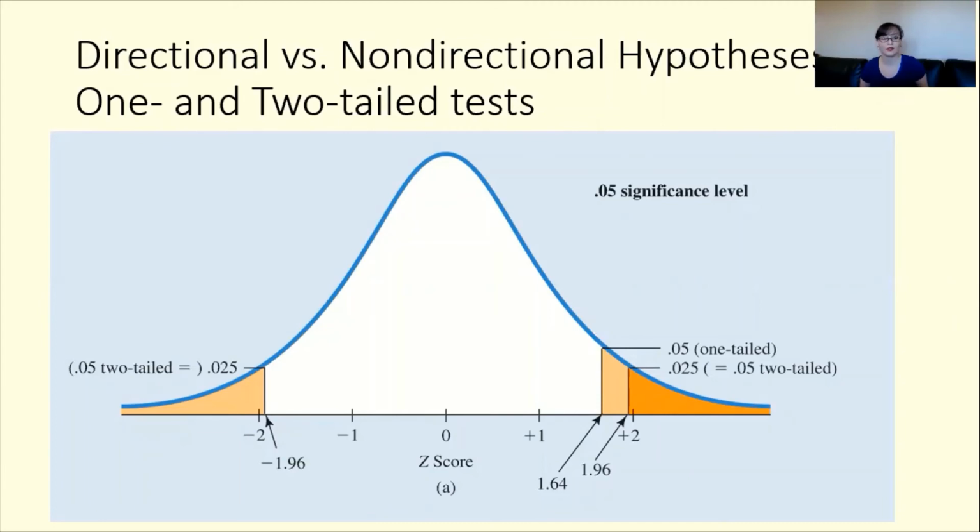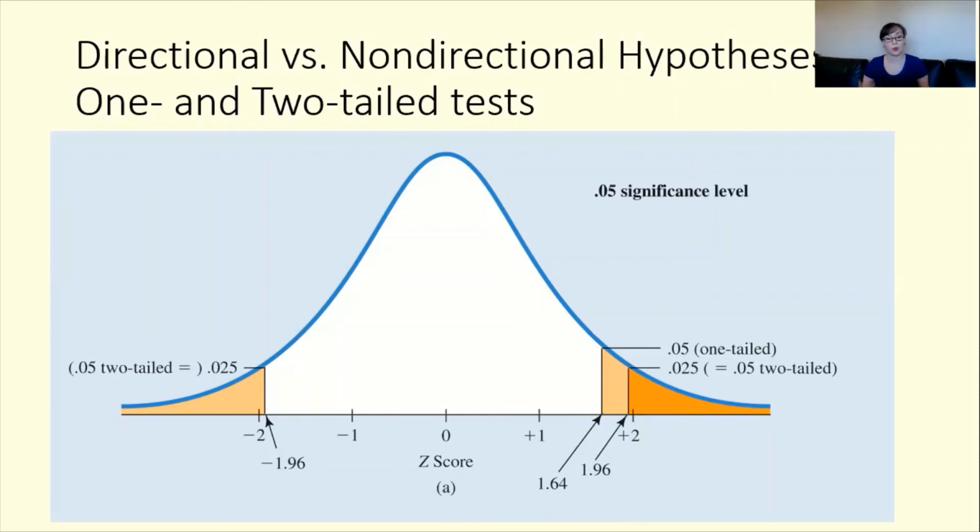On the other hand, we see colored in on both sides, negative 1.96 and down into that lower tail, and positive 1.96 and up into that upper tail. And those are colored in peach and orange. And those are marking the cutoff scores if we had a two-tailed test with a non-directional hypothesis, where we have 0.025 or 2.5% in either tail.